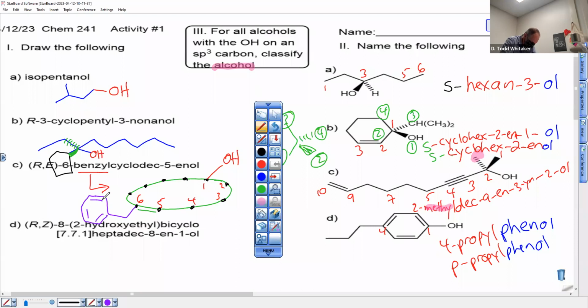Do we have everything? We have not really made this double bond E. It's not obvious. I hope you do see that the purple group is the 1 and the ring is the 2. So I need the 1 on the opposite side here, which means the 2 is the H, and that's the 1 there.